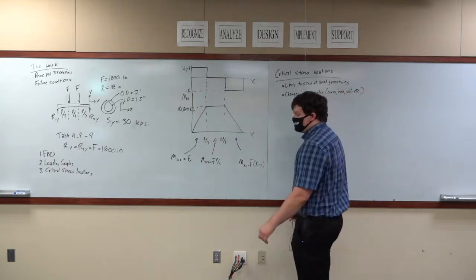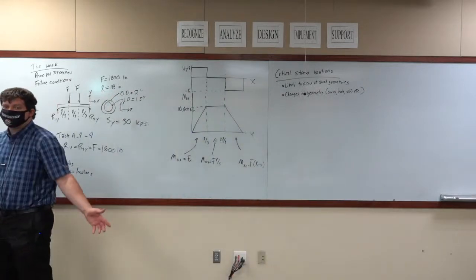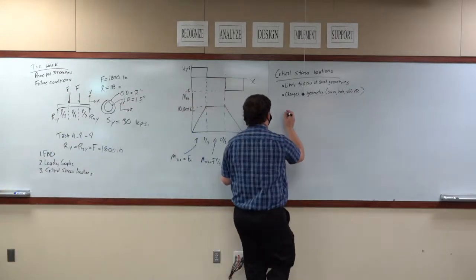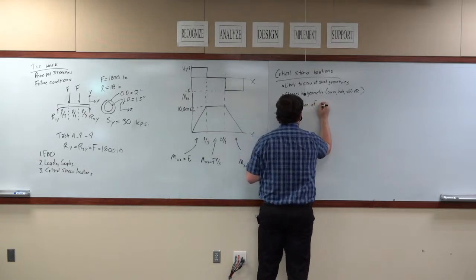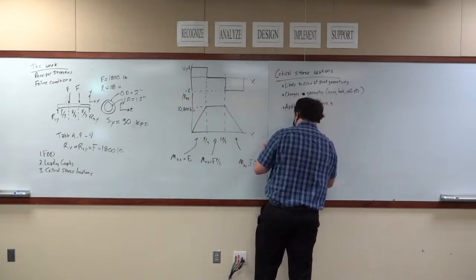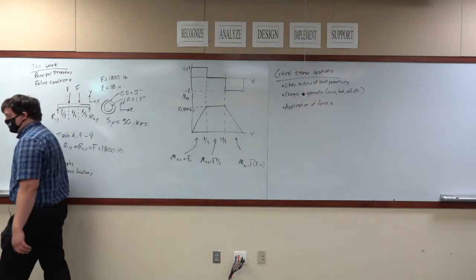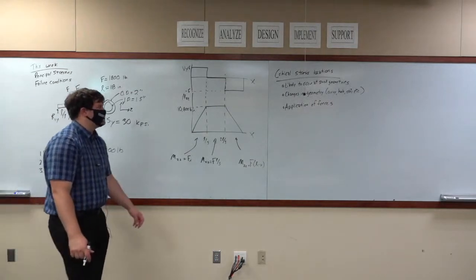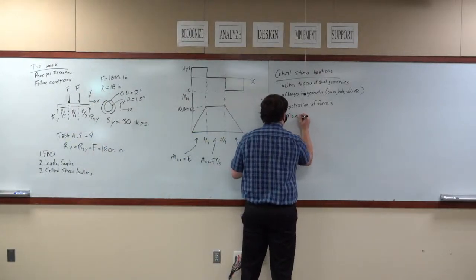Those are just geometric properties that could determine where a critical stress could occur. Now we're also talking about point of application of forces. Just simply applying a force could cause a member to fail. And the last critical stress location, maximum loading locations.